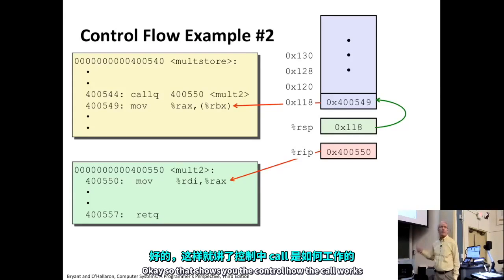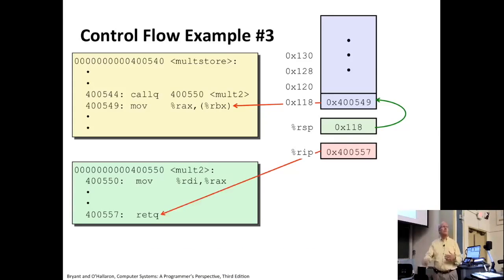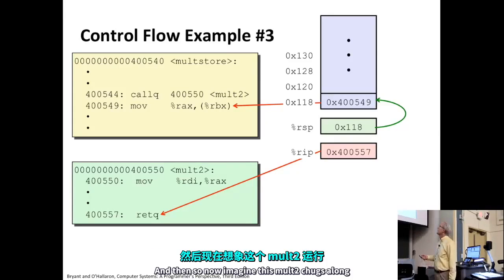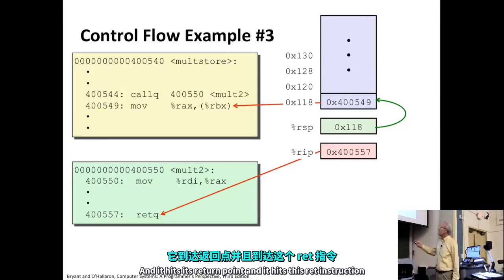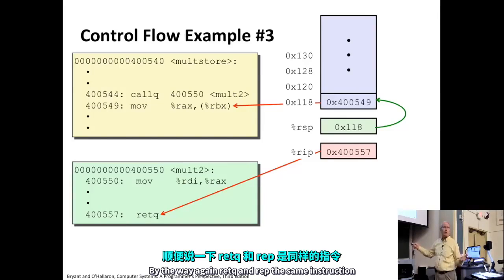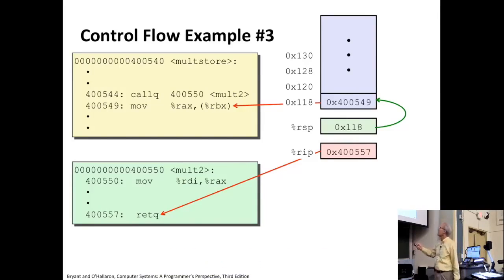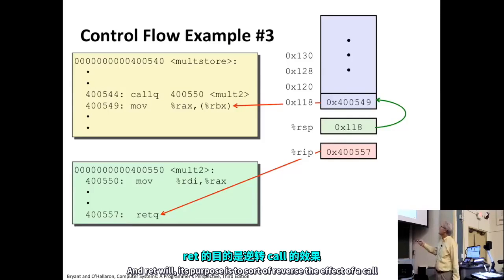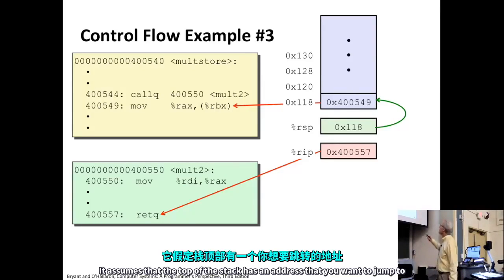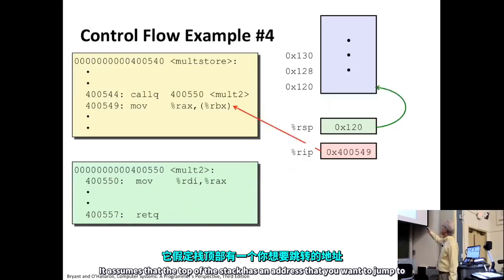Okay, so that shows you the control mechanism, how the call works. And now imagine this mult2 chugs along, and it hits its return point, and it hits this ret instruction. By the way, again, retq and ret are the same instruction. Ret's purpose is to sort of reverse the effect of a call. It assumes that the top of the stack has an address that you want to jump to.